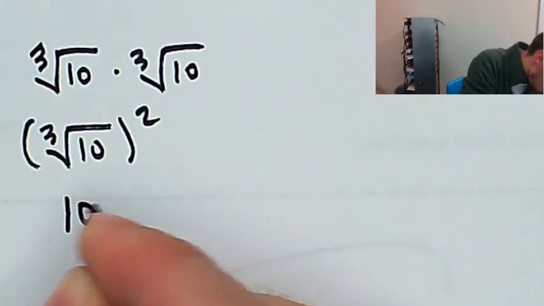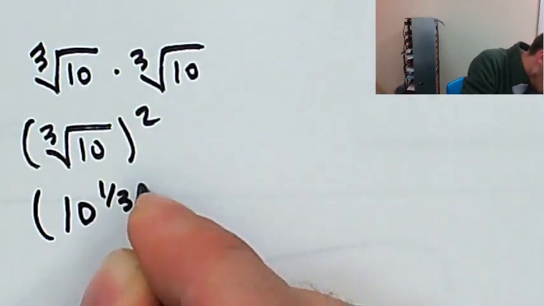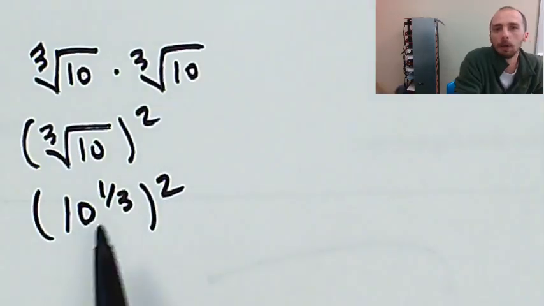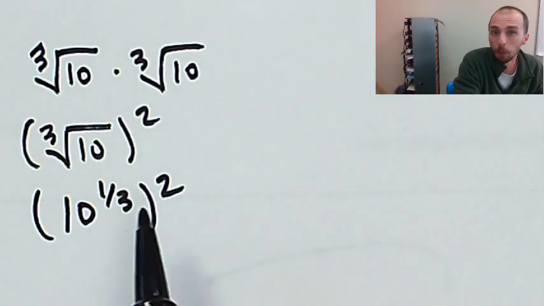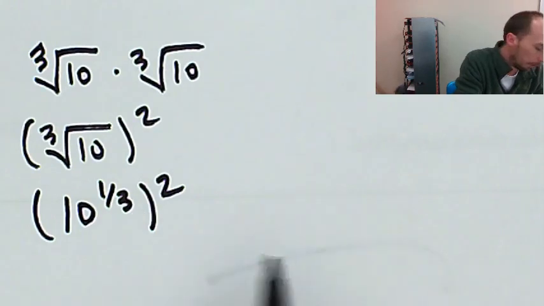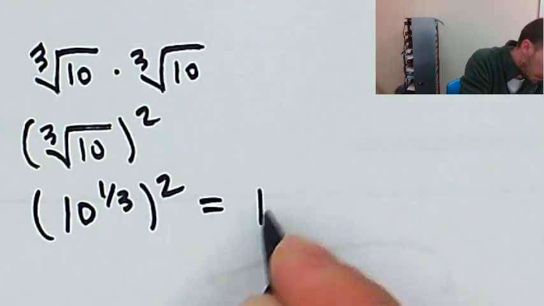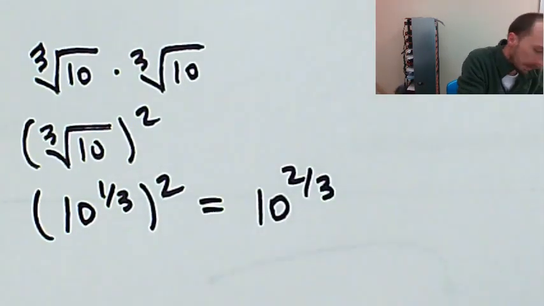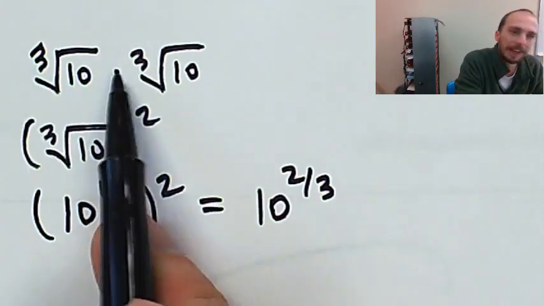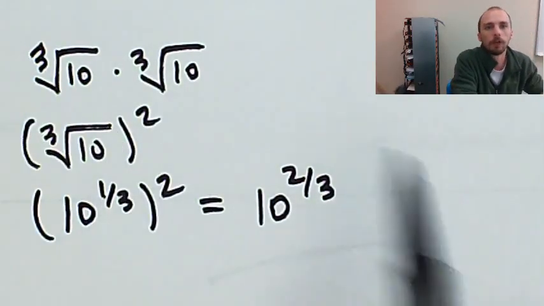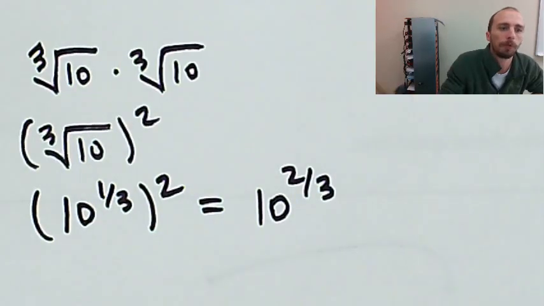So that's 10 to the 1/3 squared. And we know about our exponent properties. This is where we multiply exponents, so this ends up being equal to 10 to the 2/3. This is cube root of 10 squared. And so let's look at this a little more formally here.